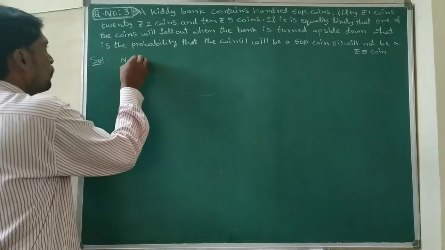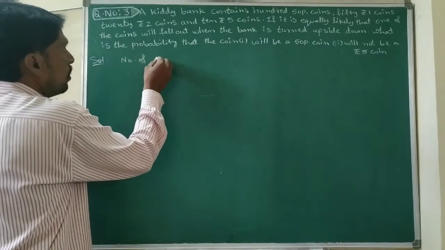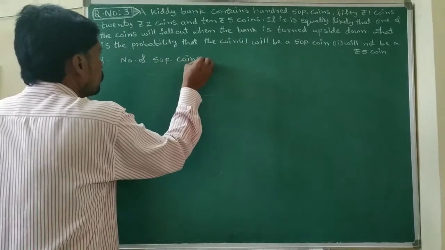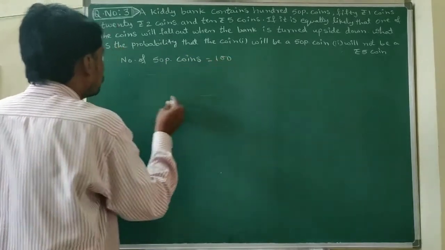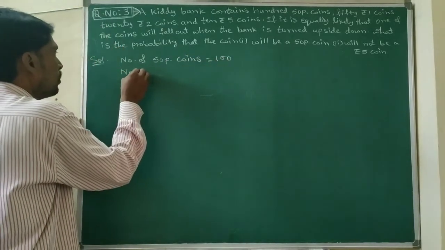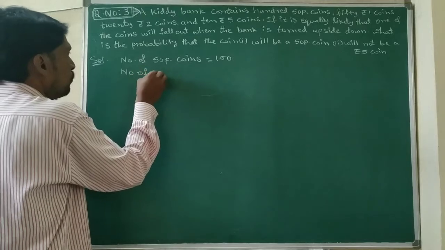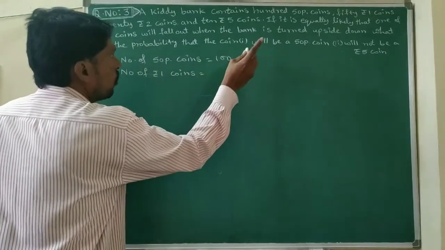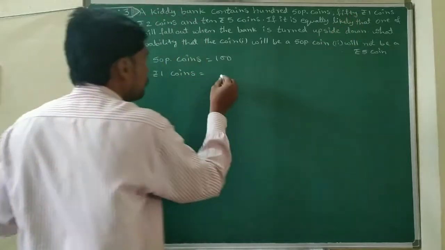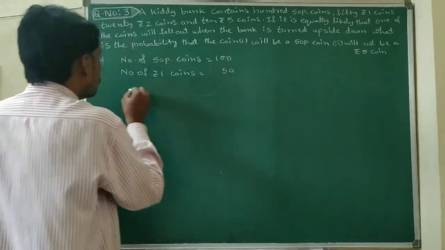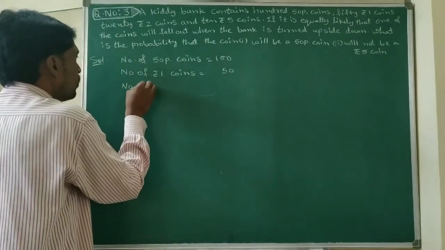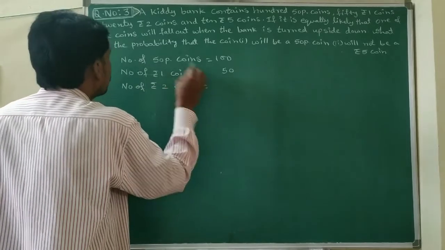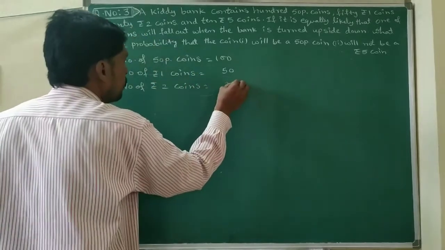Number of 50 paise coins equal, that is 100. Number of rupee 1 coins equal, how many rupee 1 coins? That is 50. Number of rupee 2 coins equal, 20 coins it will be.